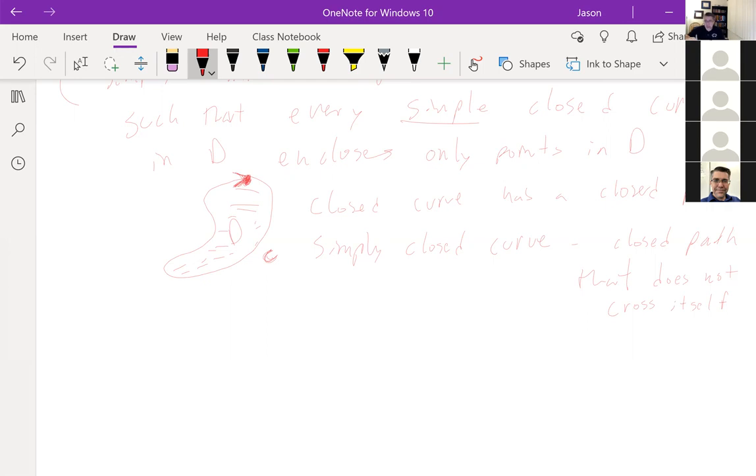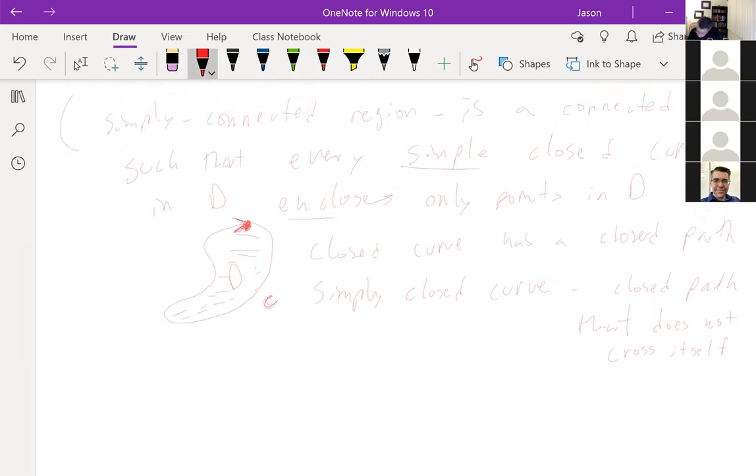We can say there's a line integral around this simply connected closed region, and it encloses our domain D. It encloses only points in D.